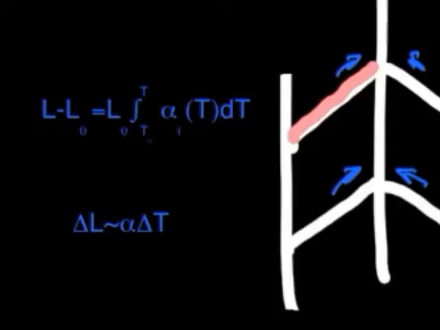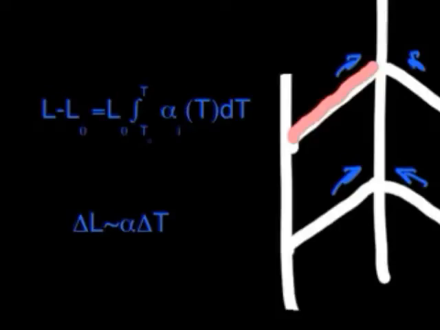Some complicated function of temperature. But over small ranges of temperature, you can treat it as a constant. So basically, this is an integral sign, and this is a delta T, and what that comes out to is delta T when you're done. And if alpha is a constant, it just comes out of the integral sign.